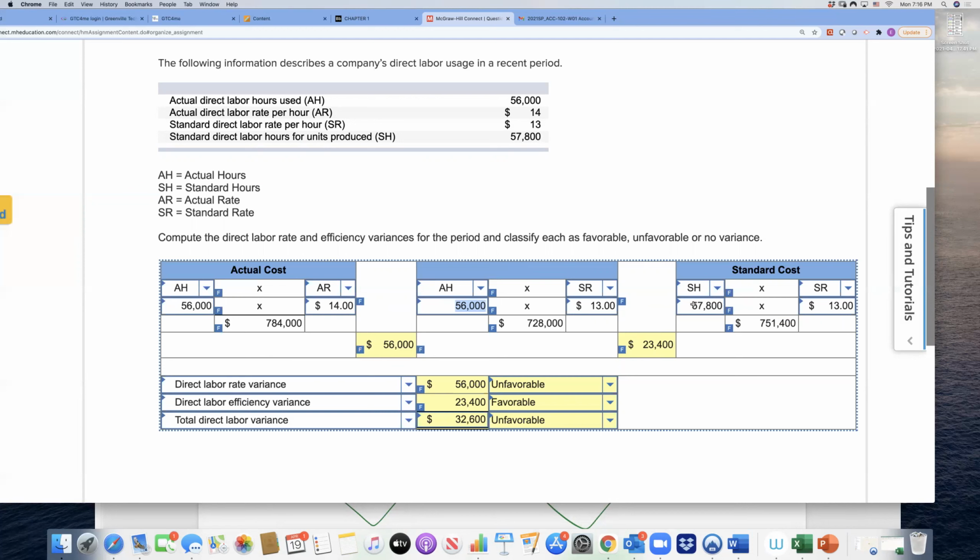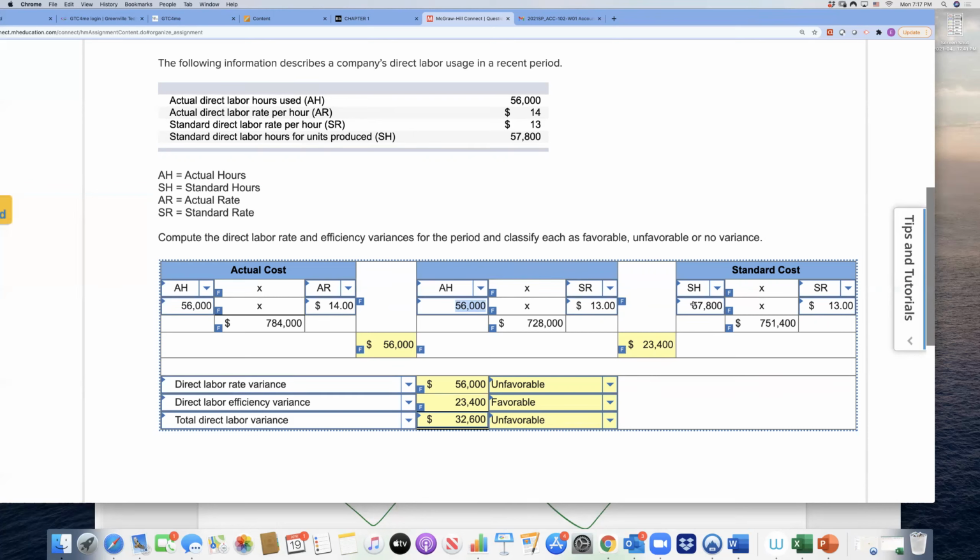We did our work more quickly than our standard says we should have. Companies love to save money, so less work hours means less labor pay. So that is going to be favorable because we worked efficiently. And that's why you can see the labor efficiency variance, that 23,400, is favorable.